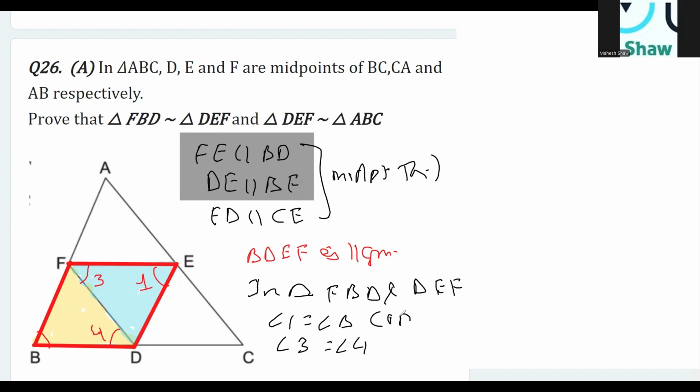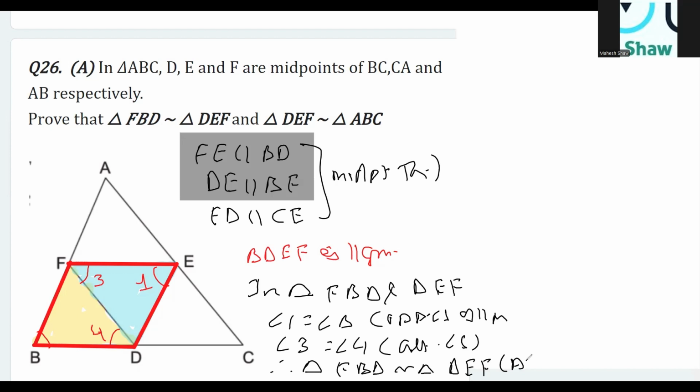One by opposite angles of a parallelogram and the other by alternate interior angles. Therefore, these two triangles become similar. That is, triangle FBD is similar to triangle DEF, by AA similarity. So that's what we needed to prove in the first part.